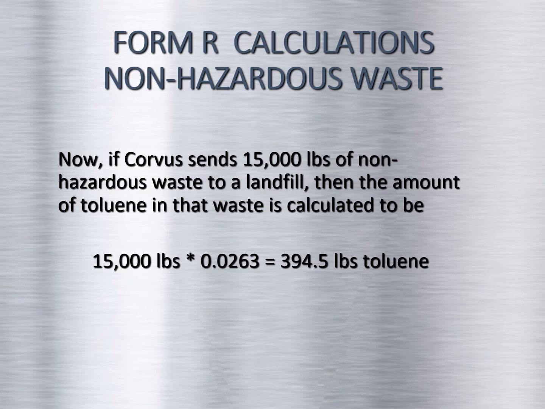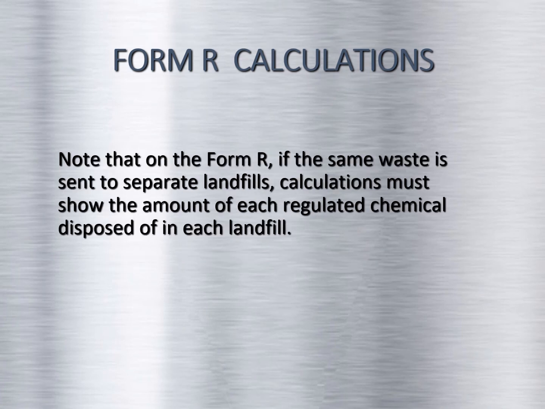Now, if you ship 15,000 pounds of waste to a landfill, 2.63% of that 15,000 pounds is 394.5 pounds of the listed toluene that ends up in the landfill. Please note that if you ship waste to multiple landfills, then you must report the proportion of the quantities shipped to each landfill.